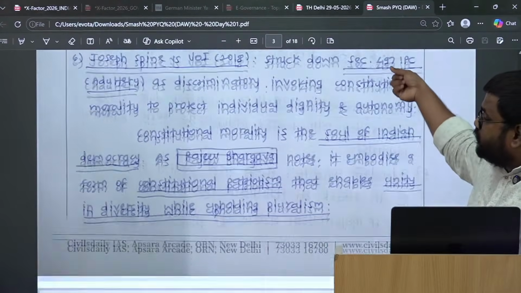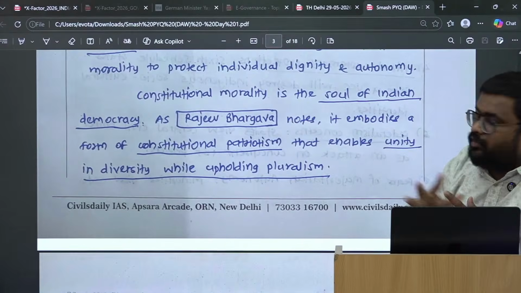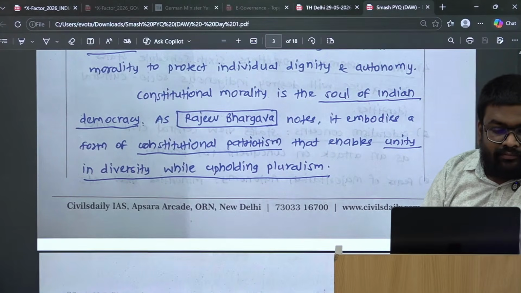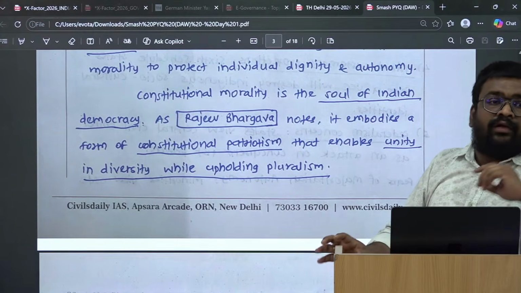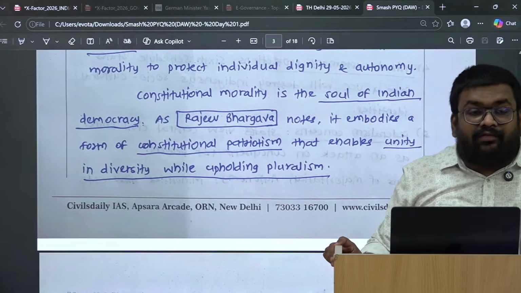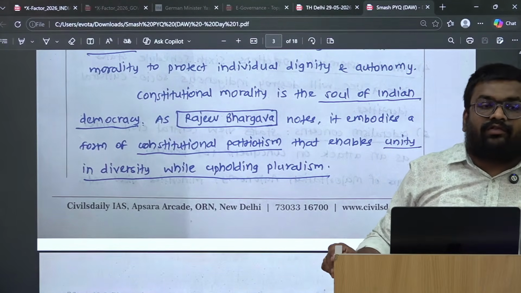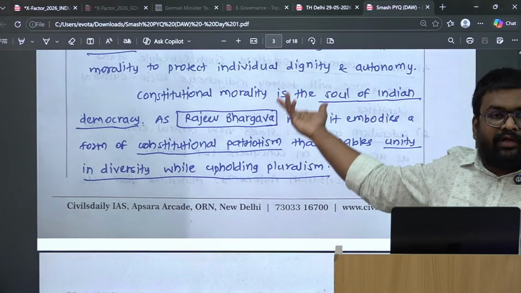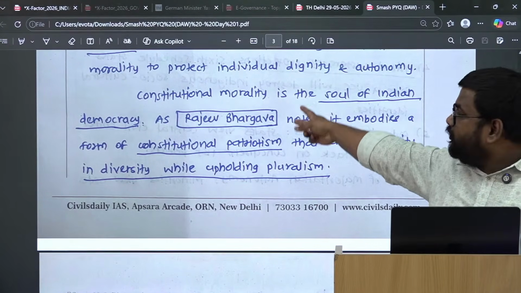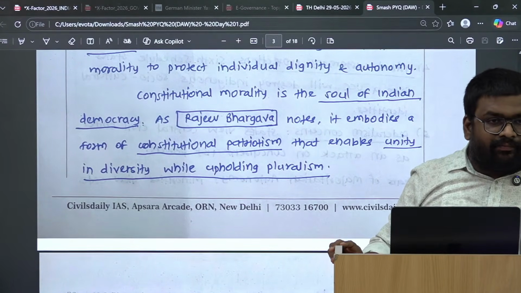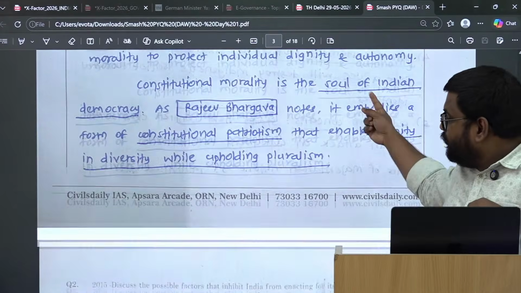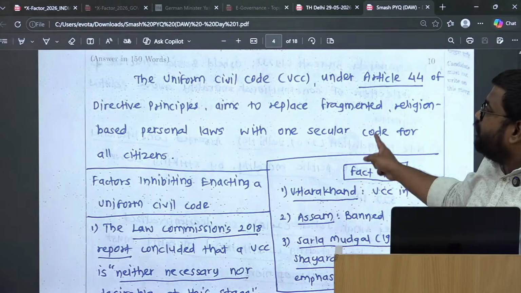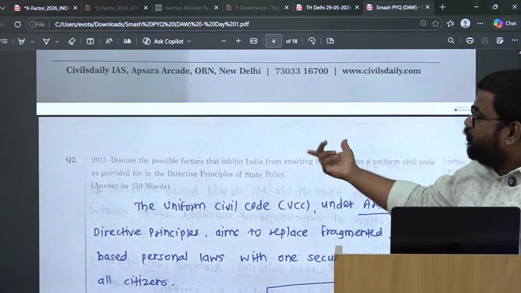In conclusion, again one scholar. So writing answers is different from writing good answers. From now on, in all the answers you write, you will have George Grote, you will have Rajiv Bhargava in your answer.